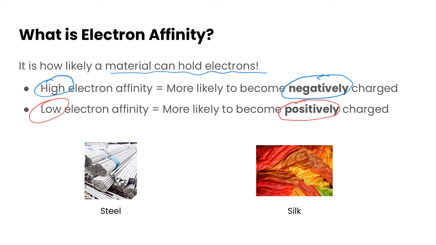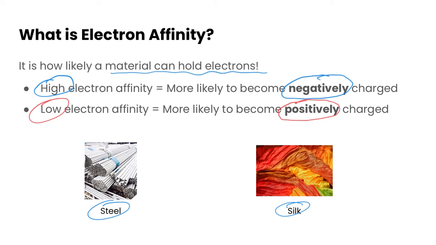So for example, if we have two objects, steel and silk, and say we rub the silk on the steel in order to create a static charge by friction. Well, steel can hold on to electrons very well, whereas silk will easily give up those electrons.